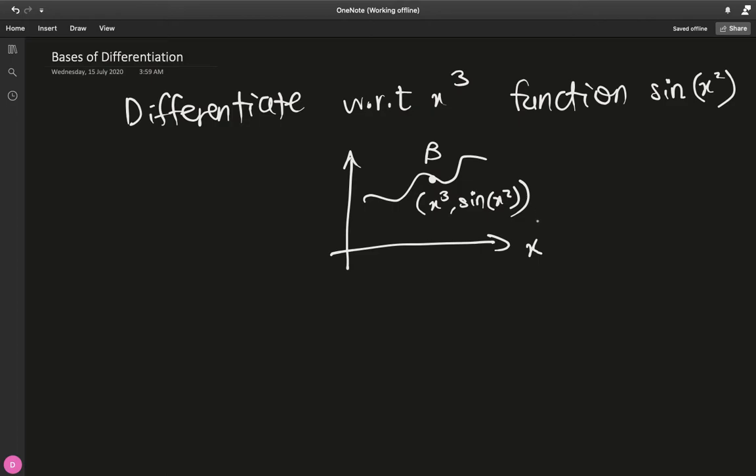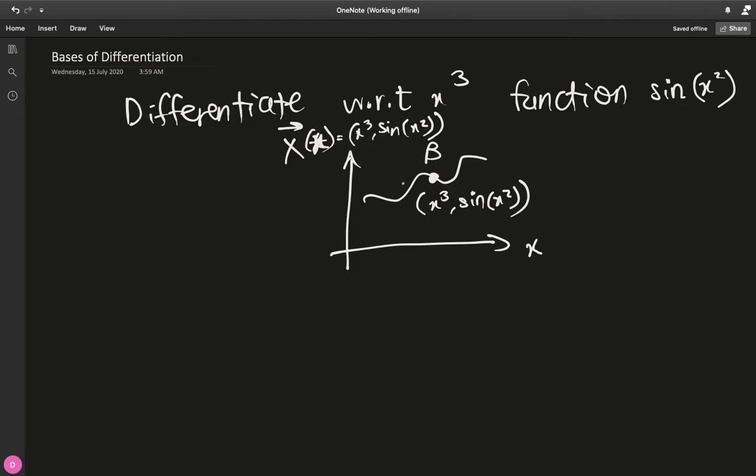You could have taken t. It doesn't matter what this variable is. x is the independent variable, and you can say this is a vector, or a dynamic parameterized function, or a dynamic point that's moving around to trace out this curve, say x bar of x equals x cubed comma sine of x squared.